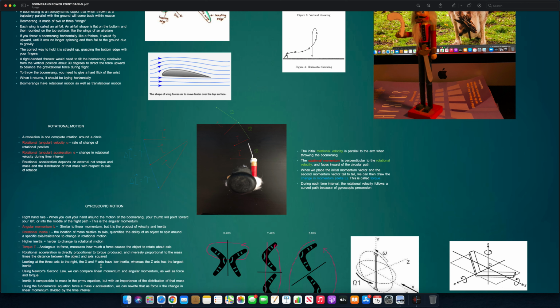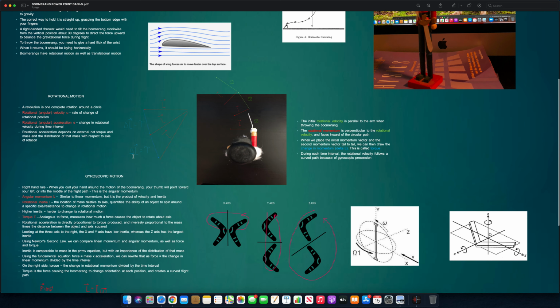When we combine the vectors, on the left of the picture, when we place the initial momentum vector and the second momentum vector tail to tail, we can draw the change in momentum. That's the delta L right there, and this is called the torque. During each time interval, the rotational velocity follows a curved path because of the gyroscopic precession, and we'll get to that secondly.